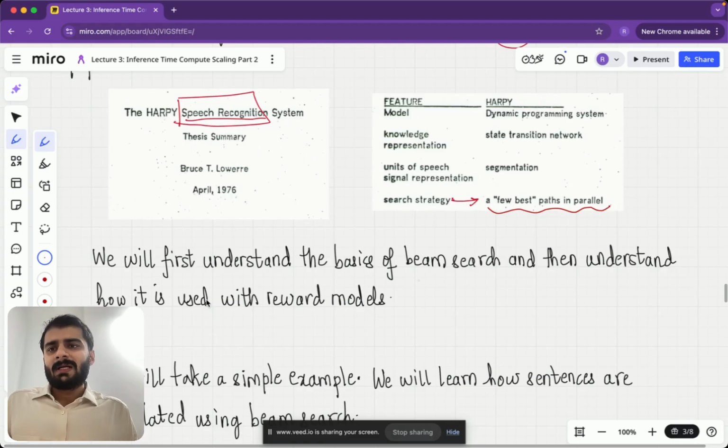And then finally, we will run a hands-on Google Colab notebook, which will give you a practical understanding of how beam search is used in actual LLMs for the verification layer.